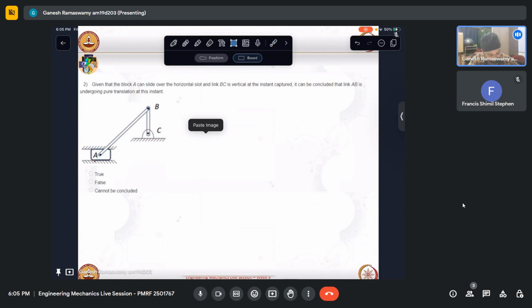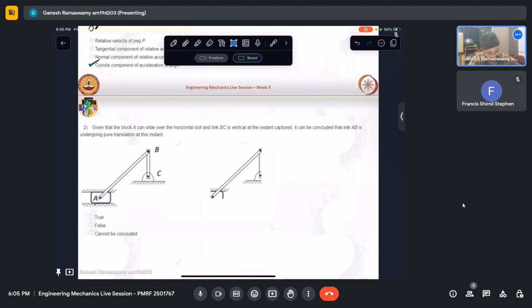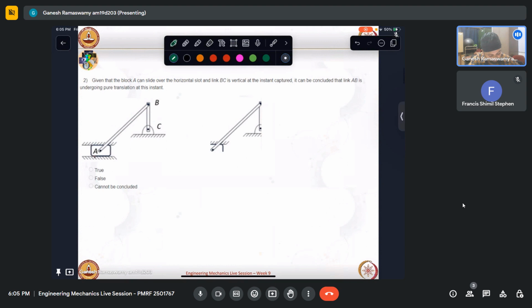Now I know that the velocity of point B, by virtue of this being at 90 degrees, if this is having some omega, will be pointing like that. Let us say I take my axes like that.